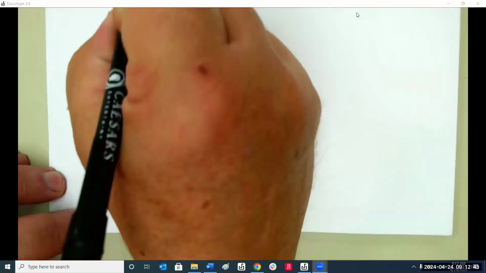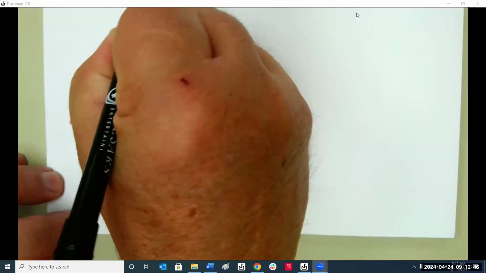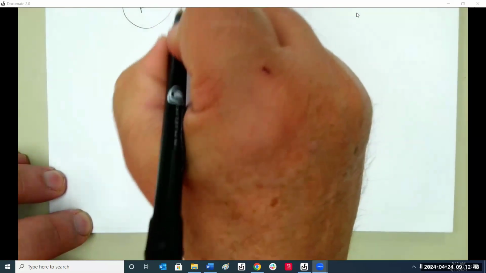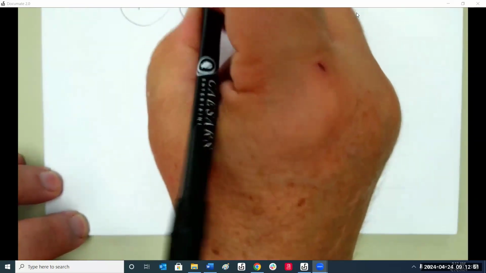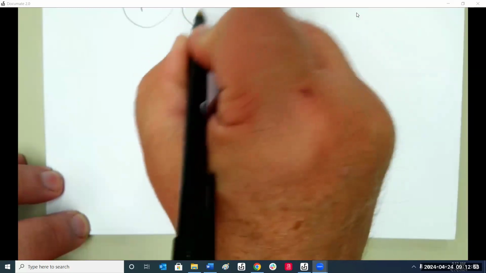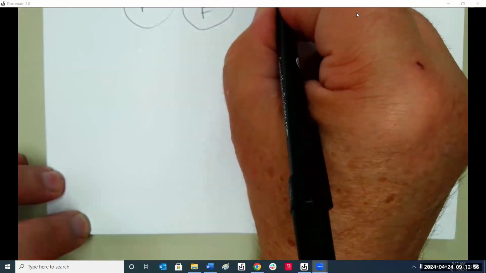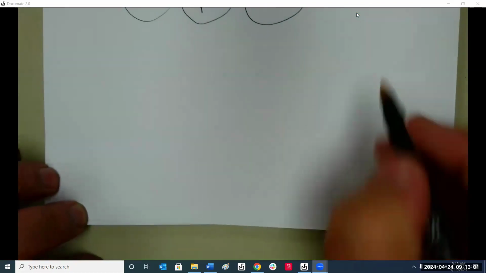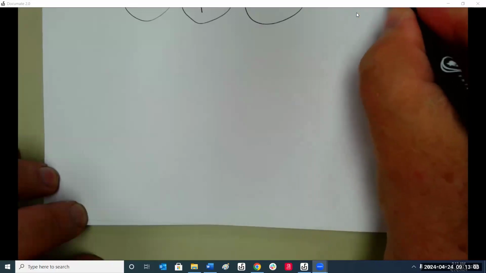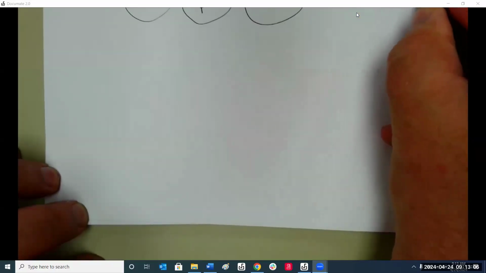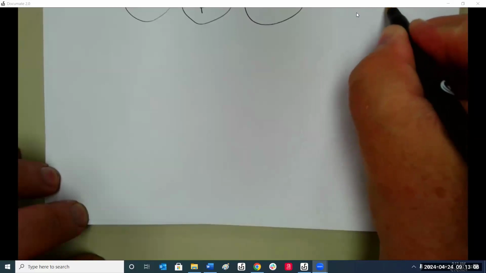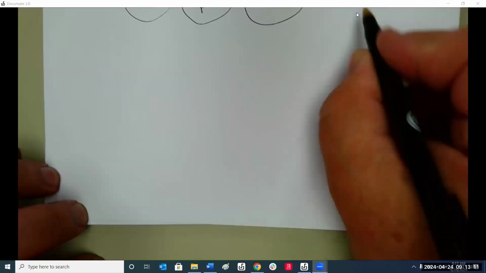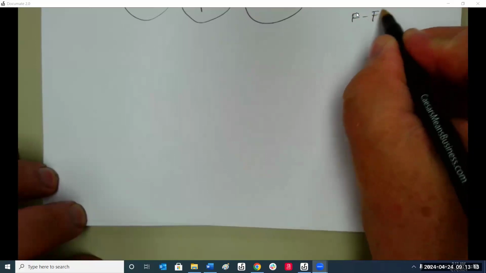Here's an example of how we can use math, using variables to define what we're looking for. We have three sets. W stands for watermelon, C for cantaloupe, and F for flower.